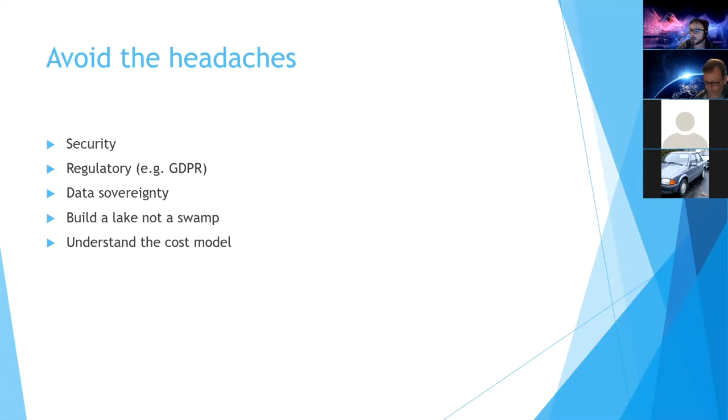The next one is regulatory concerns, obviously things like GDPR. When people ask, "Where's all the data on me?", if you've randomly inserted data all over the place, that GDPR aspect can be really difficult.